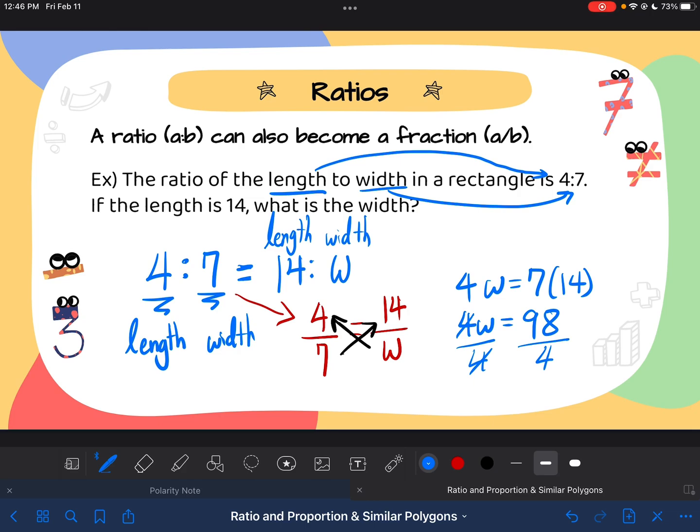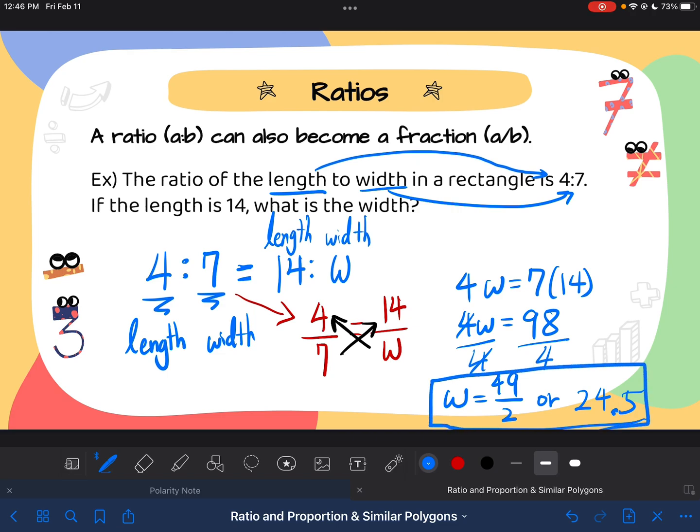Now, it's your choice if you want to leave it in decimal form or as a fraction. If I put it in a fraction, it's going to look like 49 over 2. Or you can write it as 24.5.